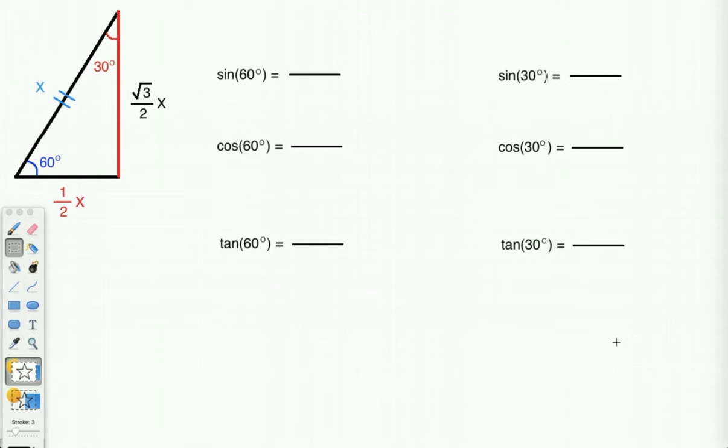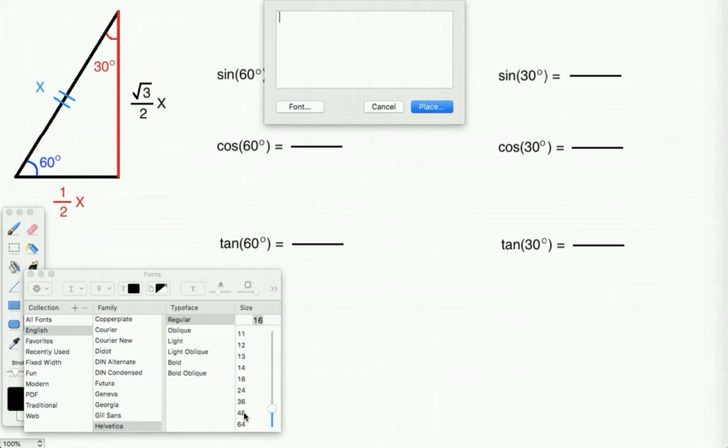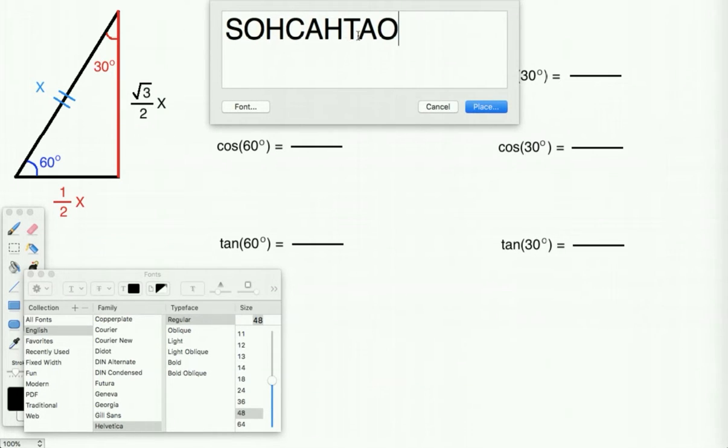A quick reminder, SOHCAHTOA. This is sort of separated into groups of 3. Sine is equal to opposite divided by hypotenuse. Cosine is equal to adjacent divided by hypotenuse. And tangent is equal to opposite divided by adjacent.